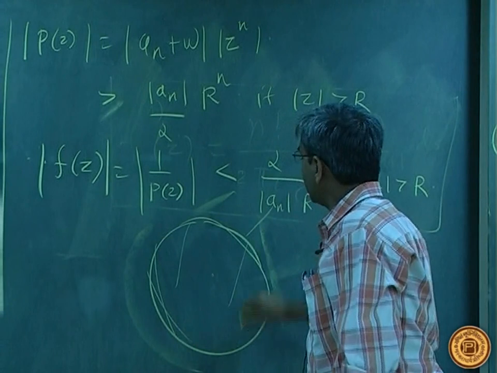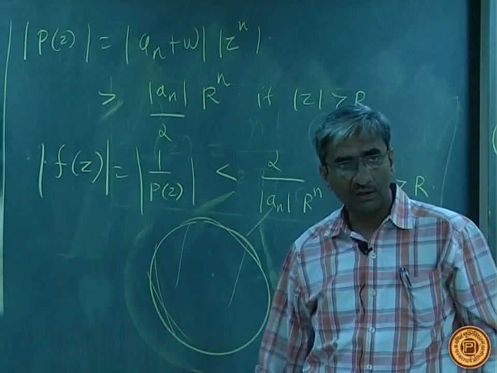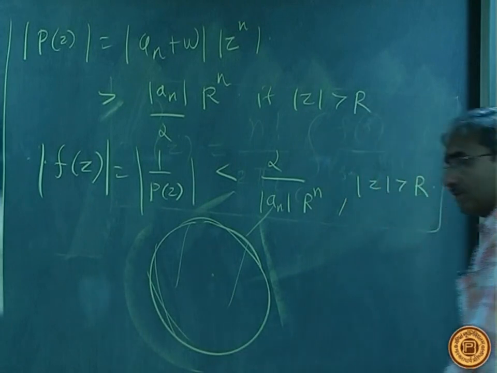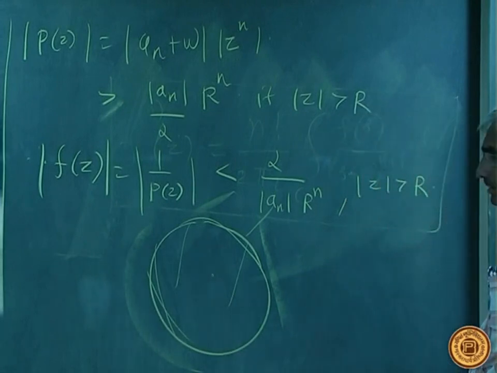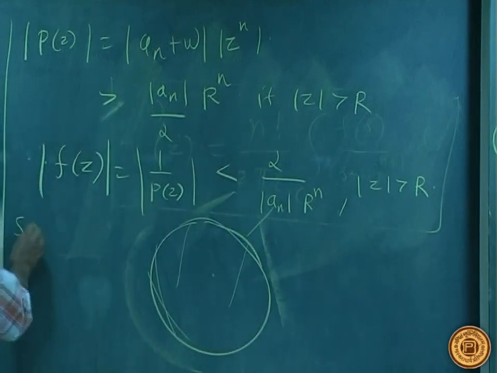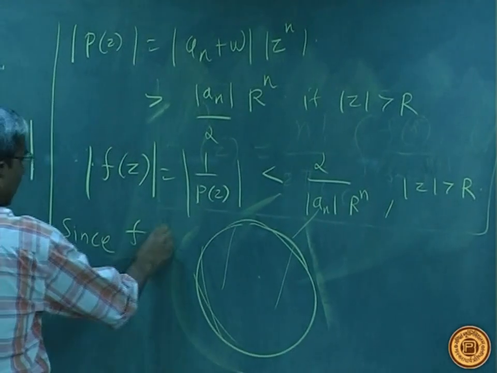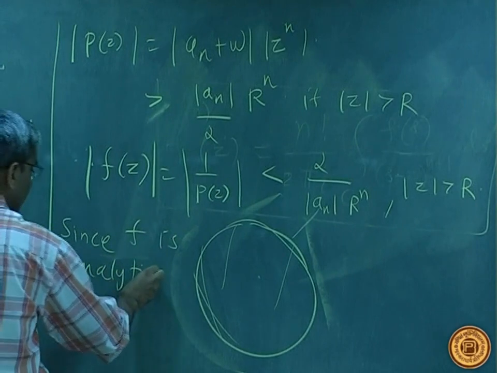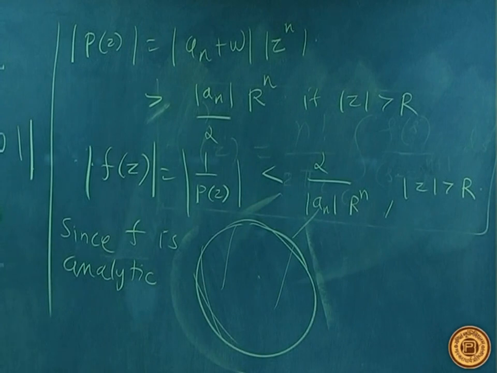Now this disk is a compact set. So on this, any continuous function will be bounded. And further, since f is analytic, we have assumed that p(z) has no 0, which makes f analytic, and therefore what do we get?